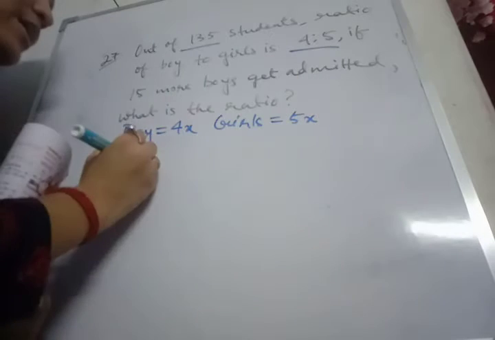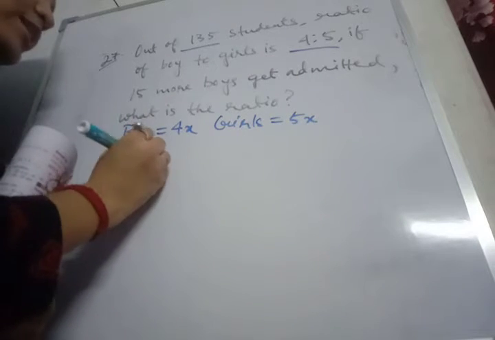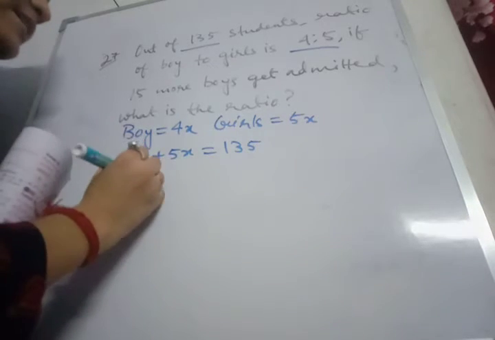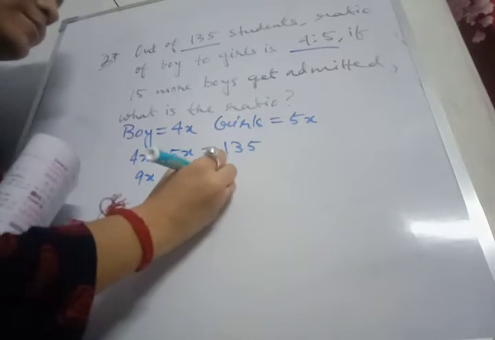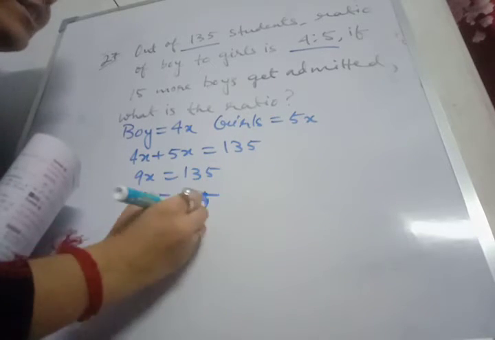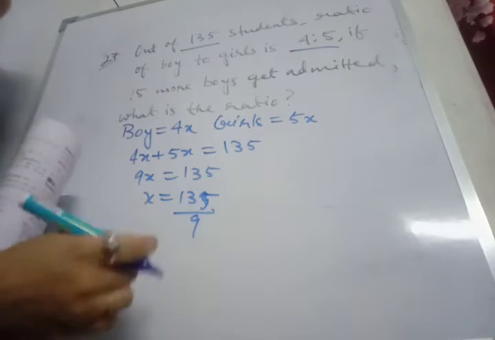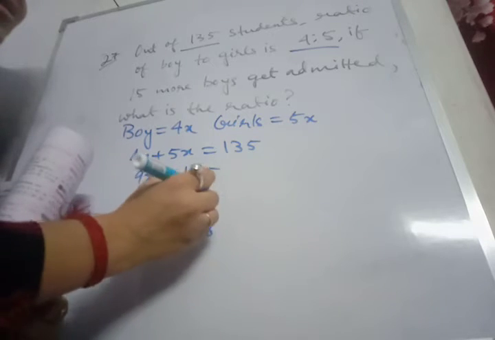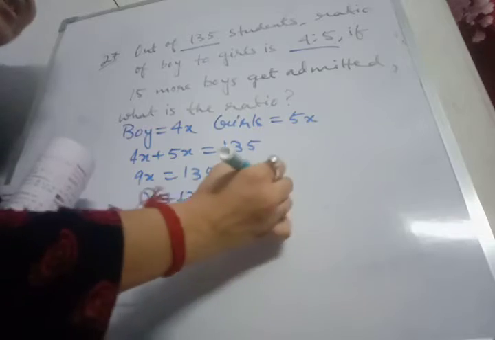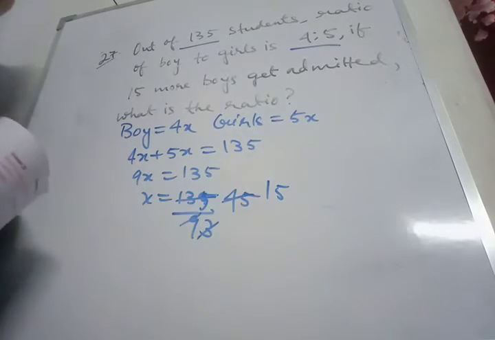So 4x plus 5x equals 135. Or I can write 9x equals 135. x equals 135 by 9. So 3 3s are 9. 3 4s are 12. 3 5s are 15. And 3 15s are 45. So x equals 15.